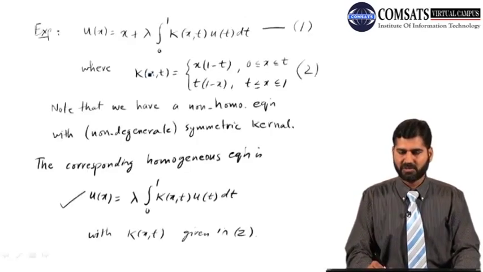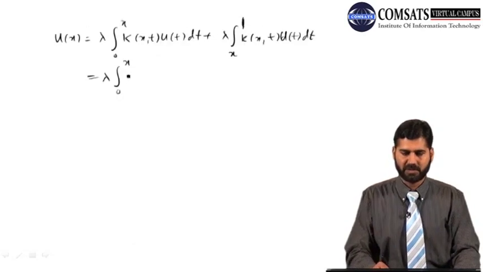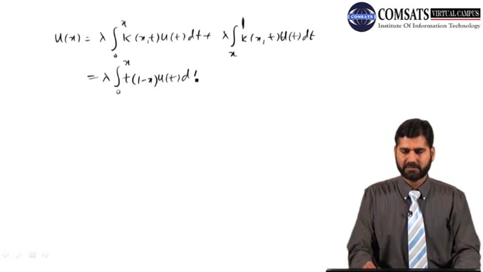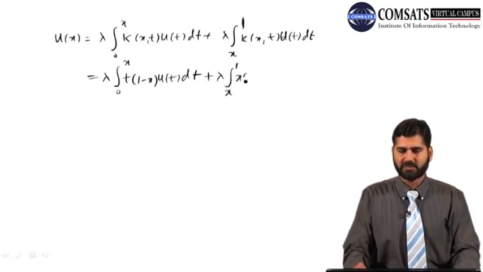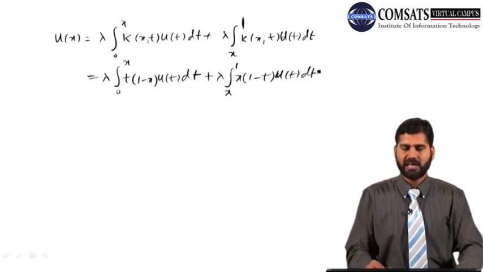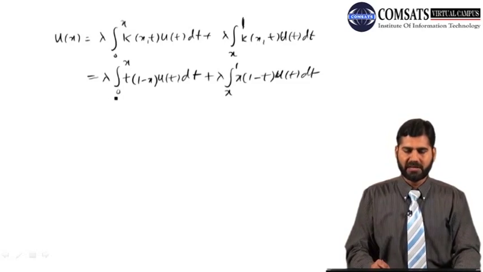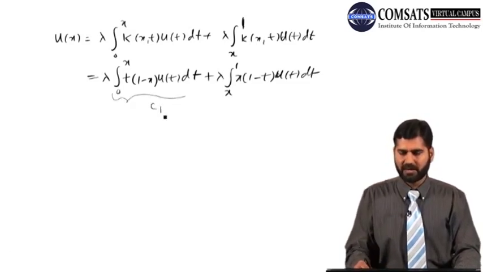So for 0 to x, when t is less than x, you have t times 1 minus x u(t) dt, and from x to 1 you have x times 1 minus t u(t) dt, right?